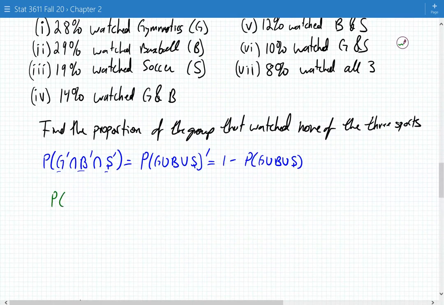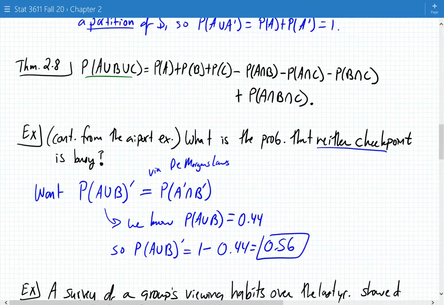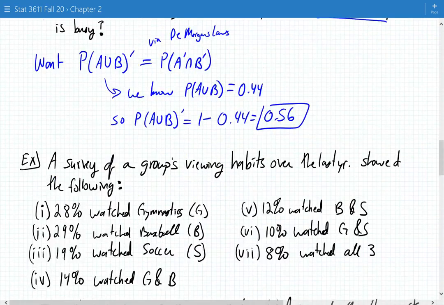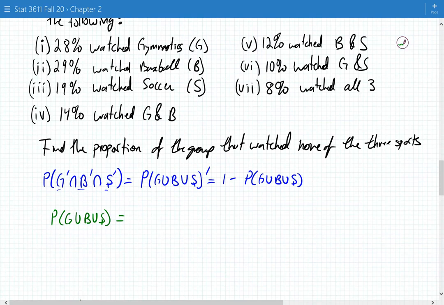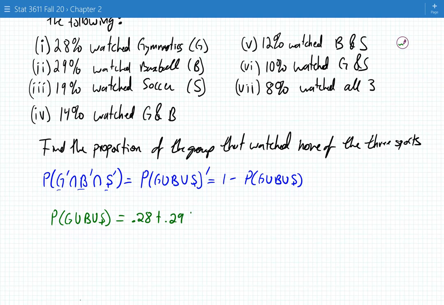So let's do this down here. What is the probability that someone watched gymnastics or baseball or soccer? Well, according to theorem 2.8, it's the sum of the individual proportions. So this is going to be 0.28, that's gymnastics, plus 0.29, that's baseball, plus 0.19 from soccer, minus the pairwise intersections: minus gymnastics and baseball, 0.14, minus baseball and soccer, 0.12, and minus gymnastics and soccer, 0.10.